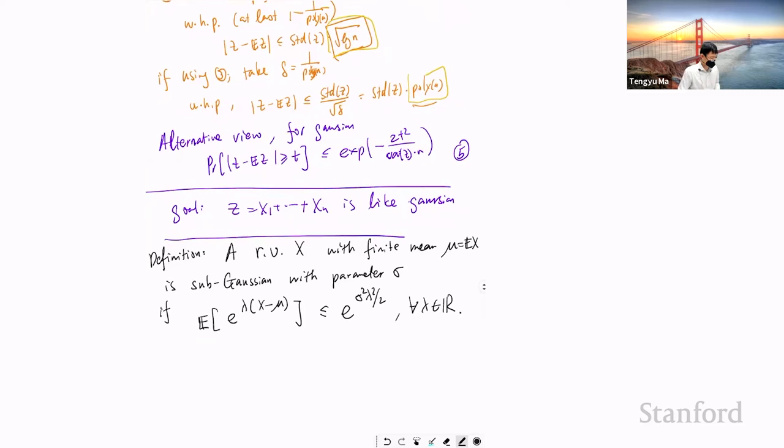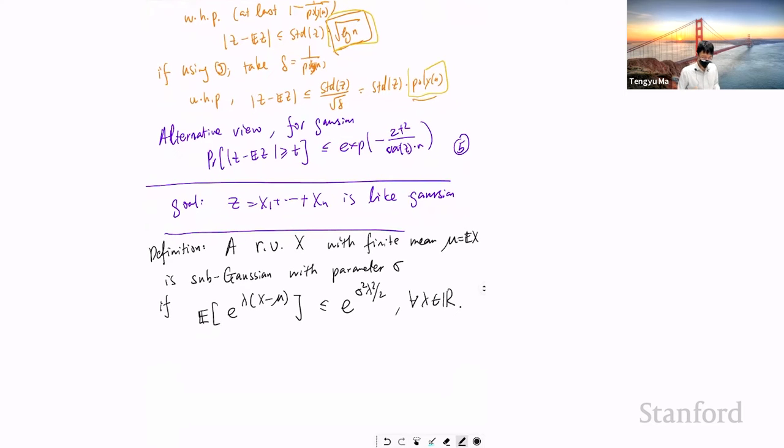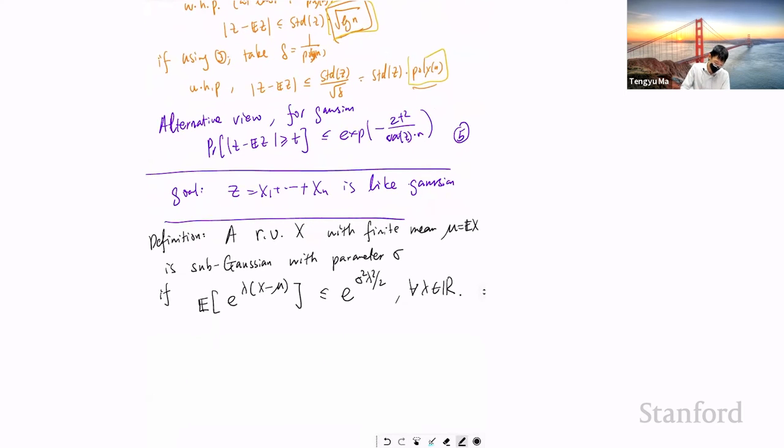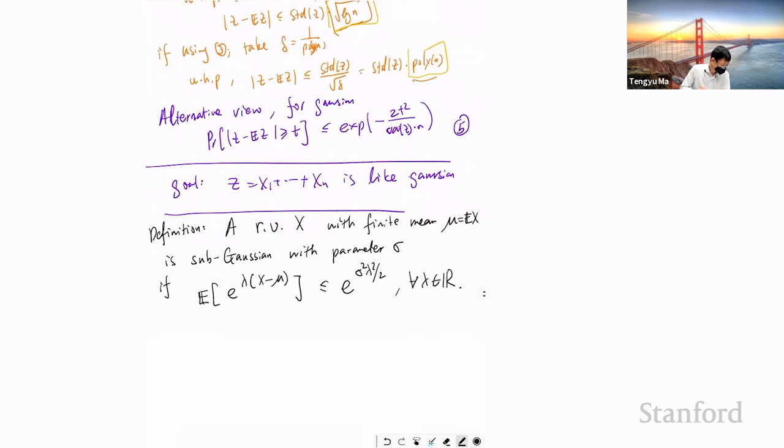I'm not expecting that you can see what this really means, but this is a definition for something that is close to Gaussian. It's not very intuitive, but a corollary is the following.